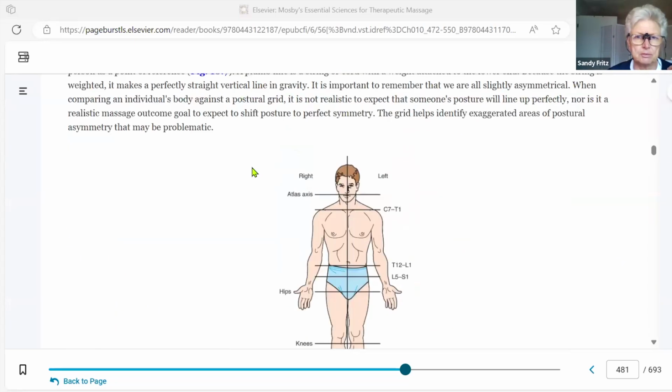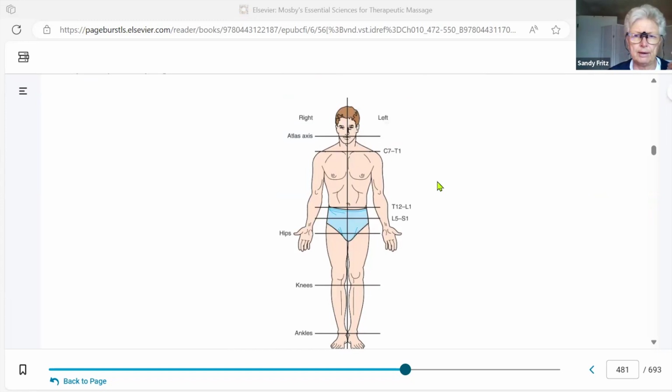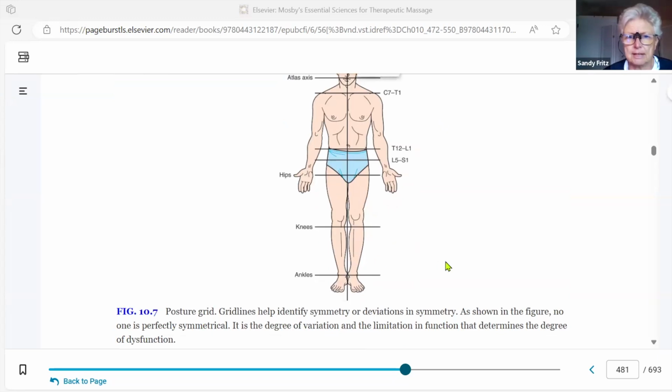These segments right through here are areas that we can visually look at for levels of symmetry. Now, nobody is 100% symmetrical, but this gives us an idea. If there's a lot of asymmetry from one side to the other, it's going to compromise efficient movement.